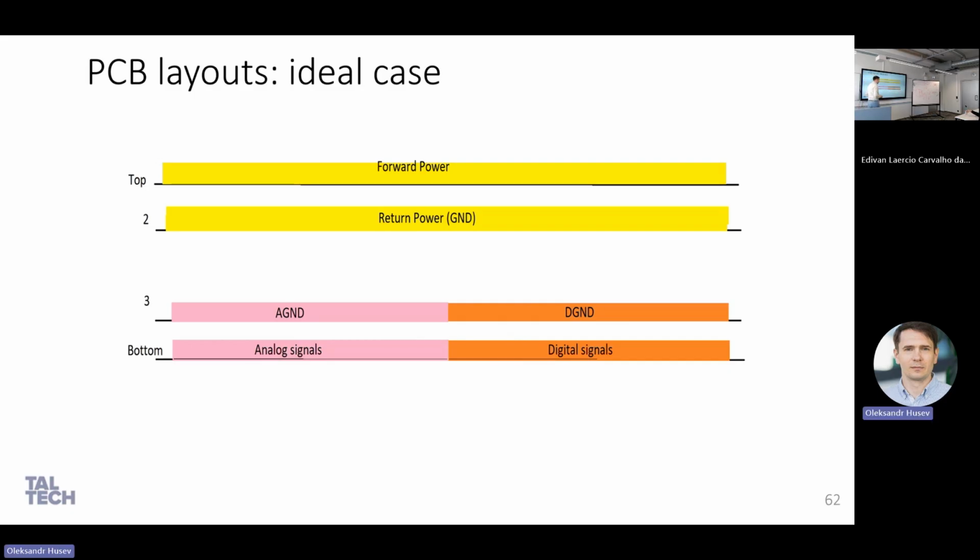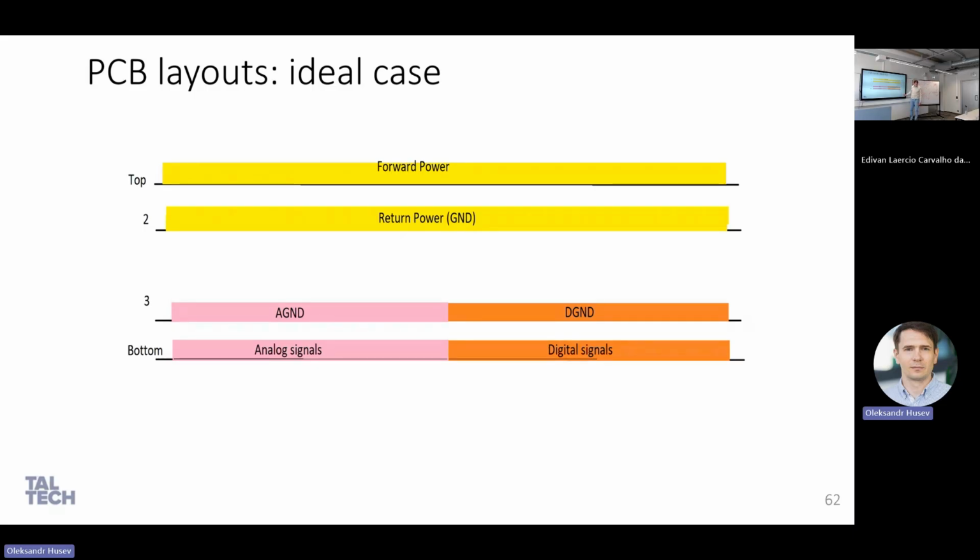Also, one issue is that if you have 70 micrometers here, then this will also be 70 because it's symmetrical.